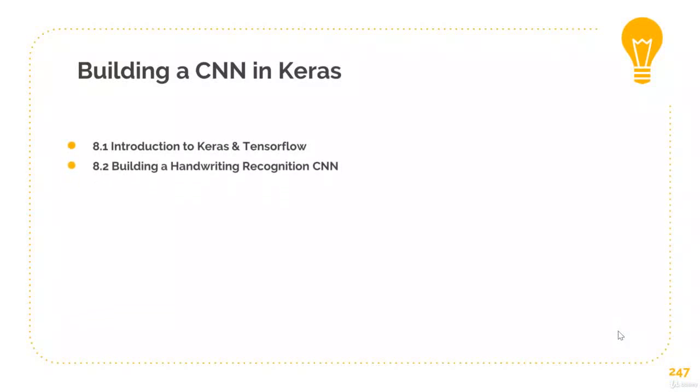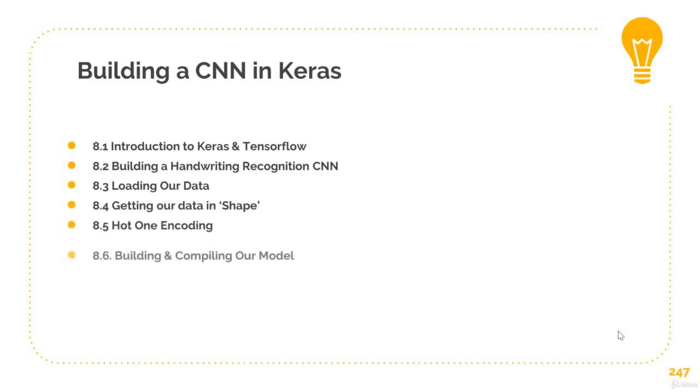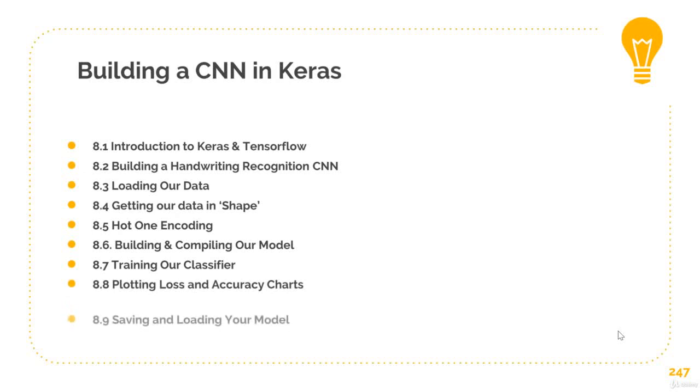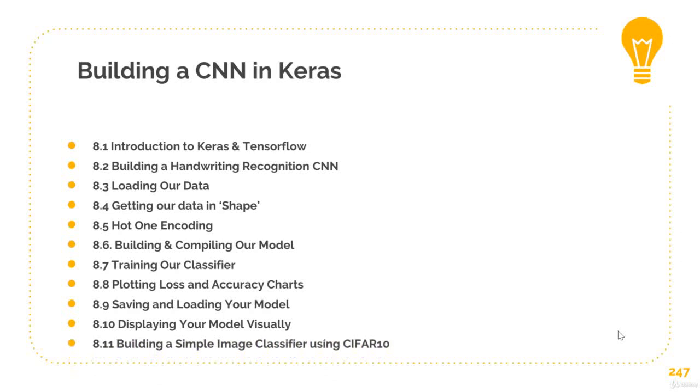How we start building our handwriting recognition, basically our approach to this problem, how we load our data, how we get our data in the right shape or format for Keras, what is one-hot encoding, how we build and compile our model, how we train our classifier, how we plot our loss and accuracy charts that we've seen before, how we save and load our model, so after we train it, we can save it and reuse it anytime we want, how to display our model visually, like an architect's blueprint of our model, and how we can build another image classifier using the CIFAR10 dataset. So let's get started.